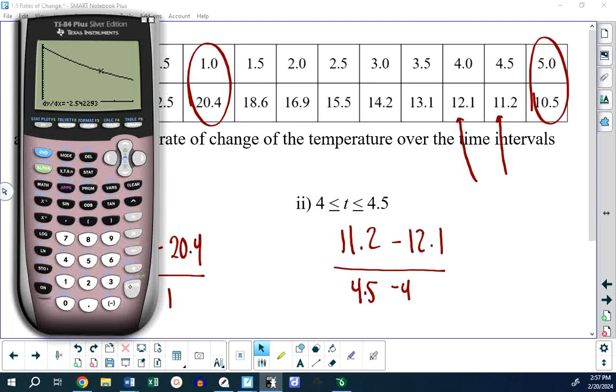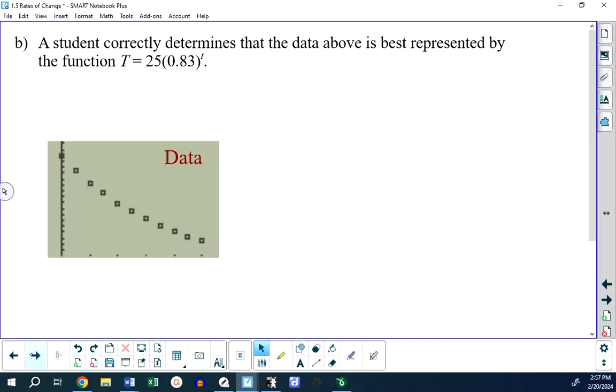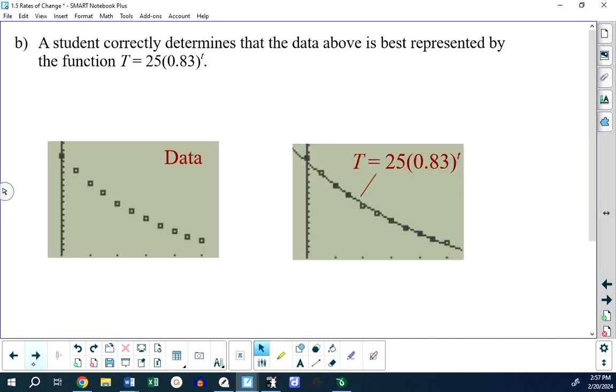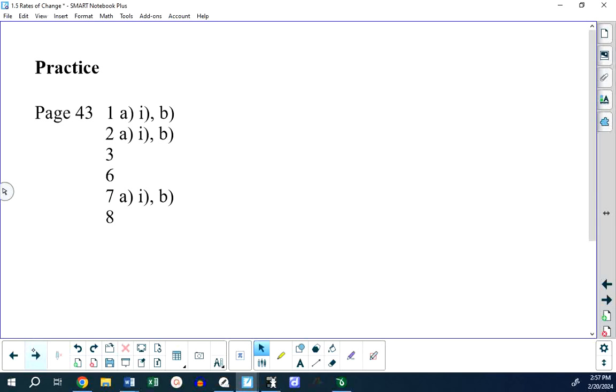There will come a time, it'll be 2 units from now, where you will be able to determine the answer to this question algebraically. If you know that y equals 25 times 0.83 to the t, you will be able to determine a formula for the slope of the tangent anywhere. So a number of applications here.